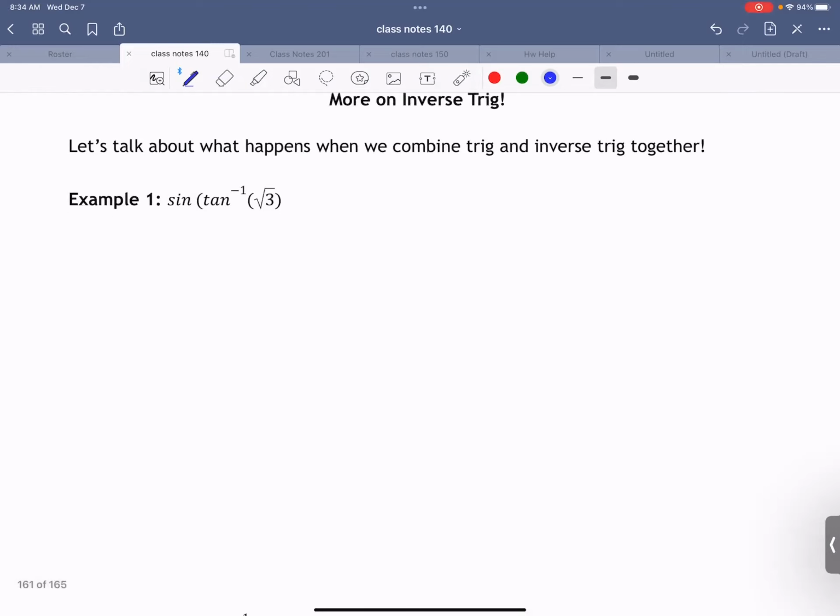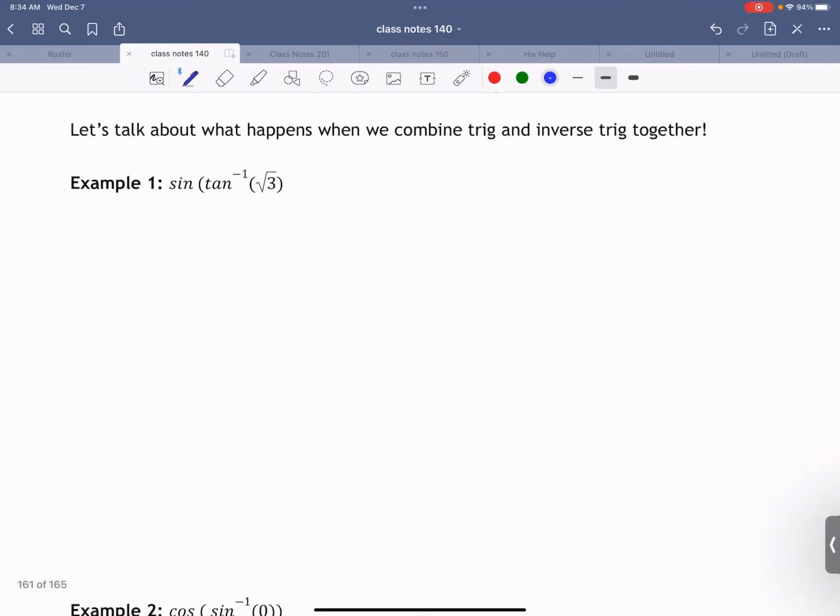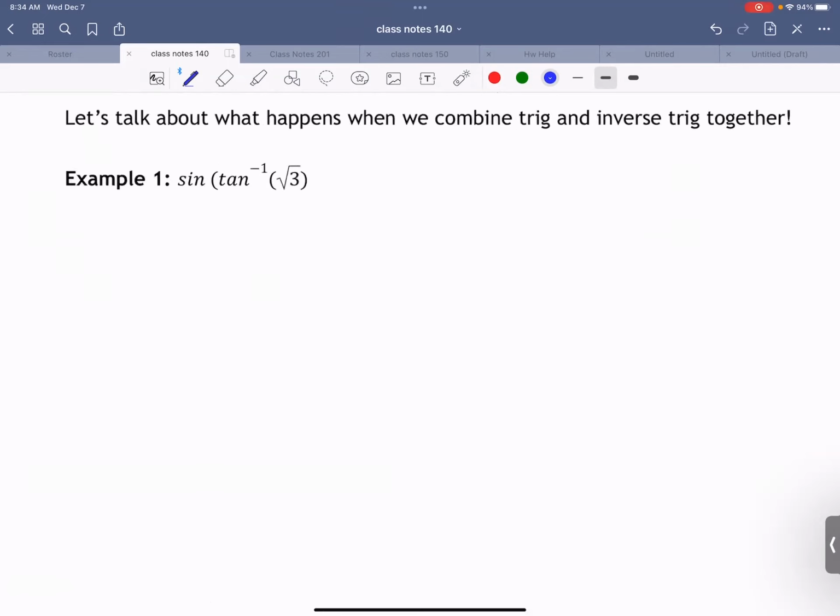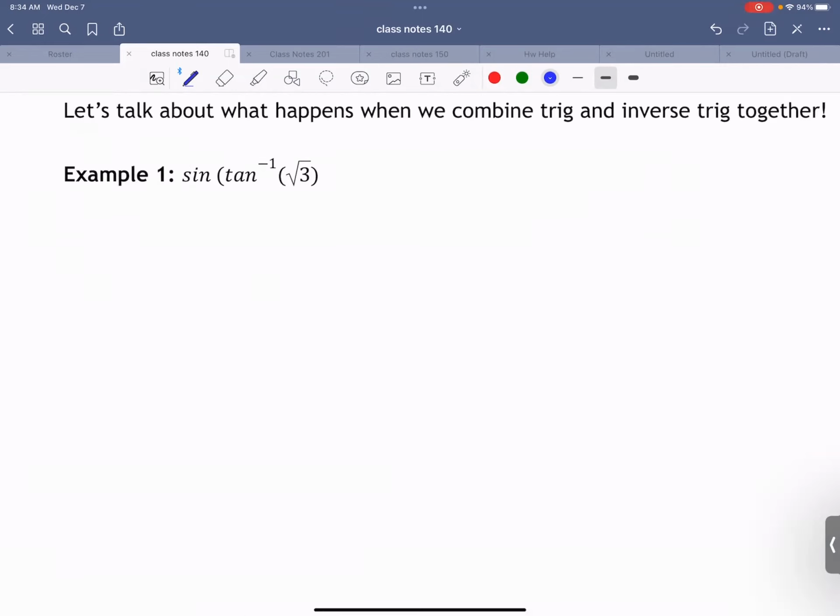Okay, so let's just see what happens when we combine these functions together, when we kind of compose one inside of another. So here we have an example. Okay, here we want to find the sine of the inverse tangent of the square root of 3. And by the way, there should be another parenthesis sign here.